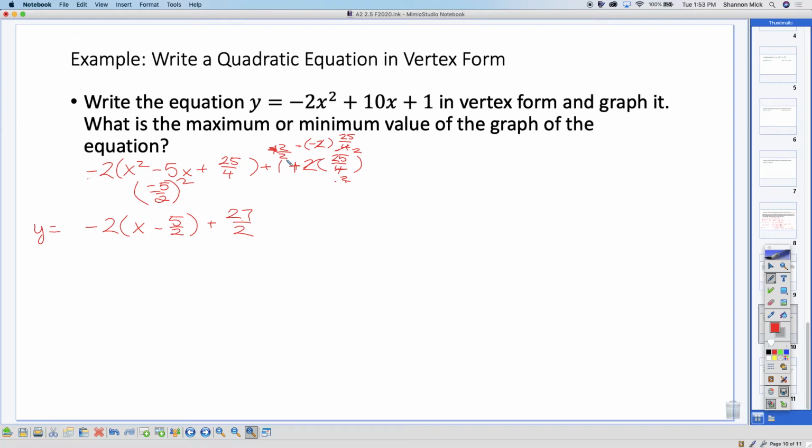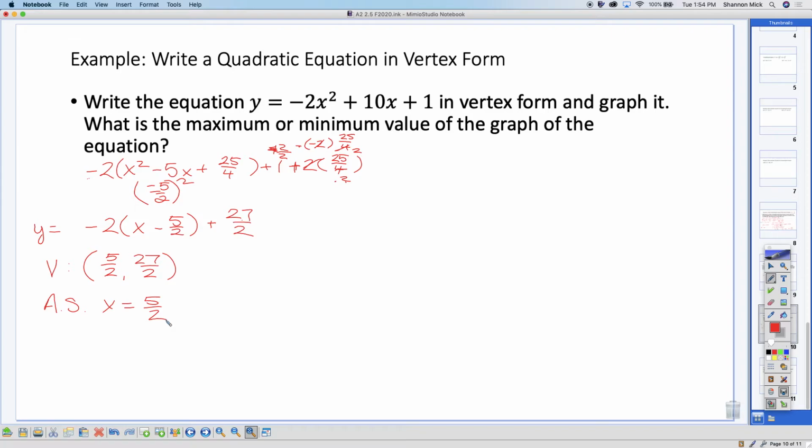Okay, what's my vertex? Your vertex is at 5/2, 27/2. What is my axis of symmetry? X equals 5/2. Min or max? Your minimum.